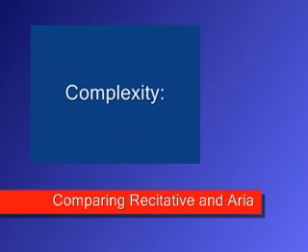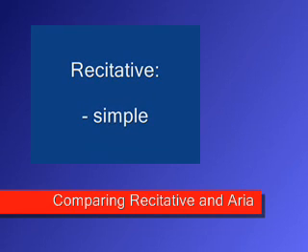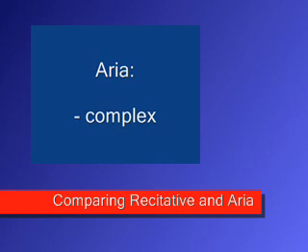Let's take a look first at the complexity of these two things. Recitative, as we shall soon see, is a very simple type of operatic music. An aria, on the other hand, tends to be far more complex than any recitative, and in fact it makes good sense. Think of a recitation and of a song.